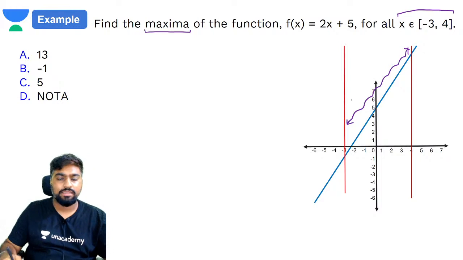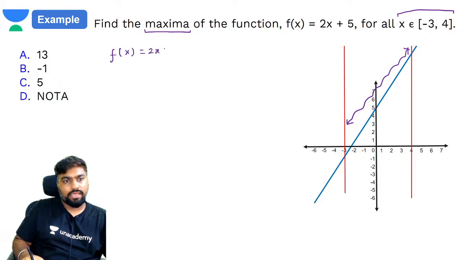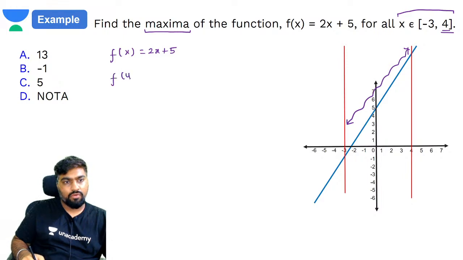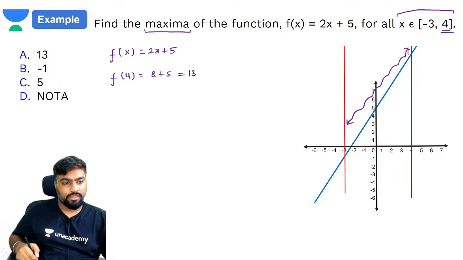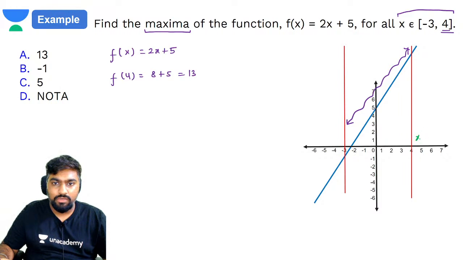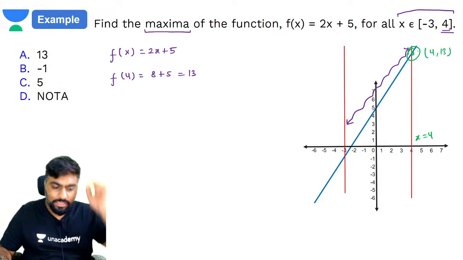For f(x) = 2x + 5, the maximum value of x is 4, so f(4) is where you will have your maximum value. That is confirmed by the graph. When x is equal to 4, y will be at 13. This is (4, 13). Are you understanding this, guys?